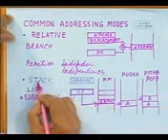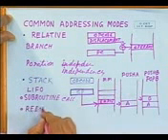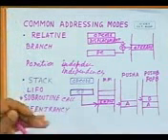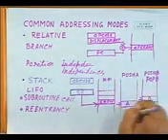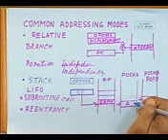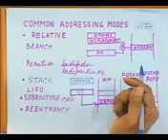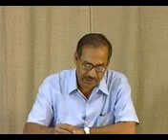And this stack addressing also facilitates re-entrancy. A program can be made re-entrant with the help of stack addressing, because whenever you are calling it once again, the previous values up to a certain point that has been executed can be stored in the stack. So re-entrancy can be implemented by this stack addressing.